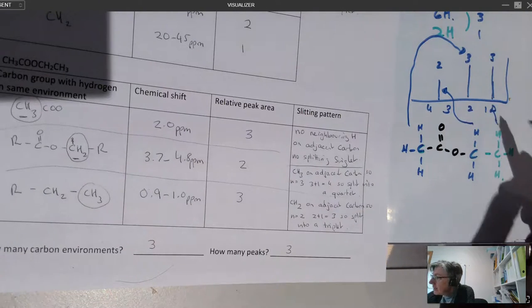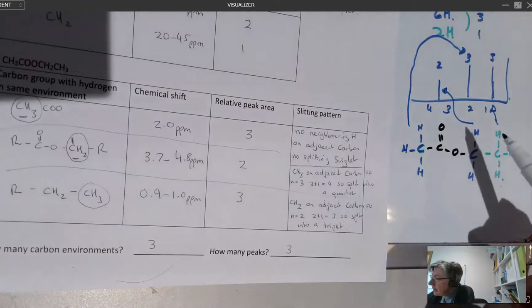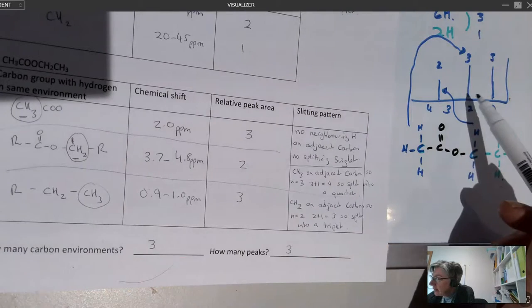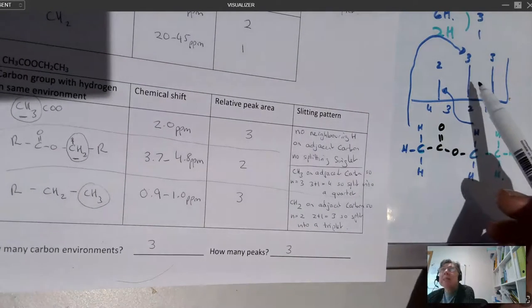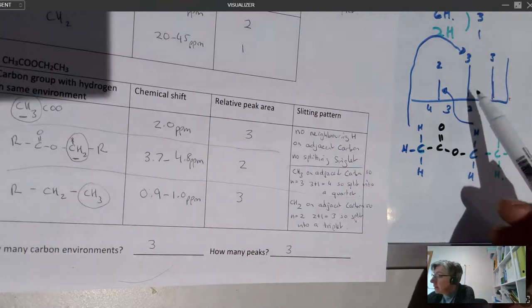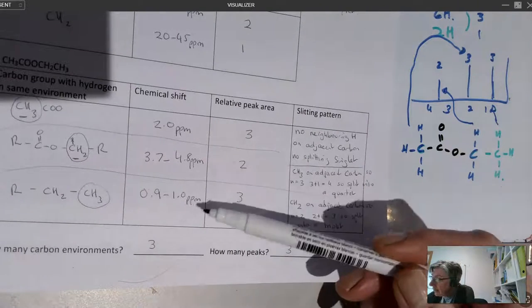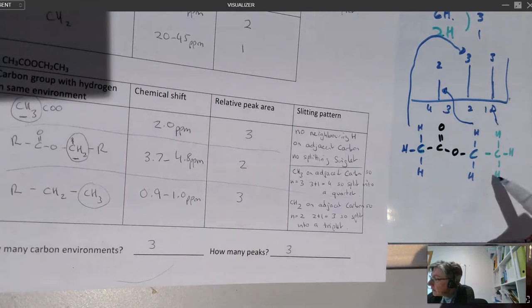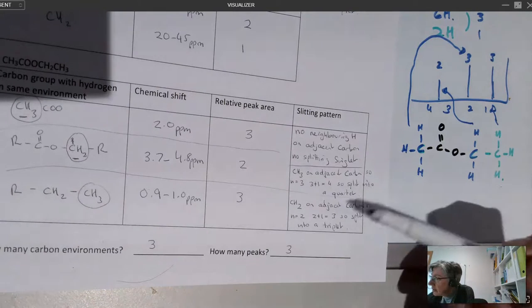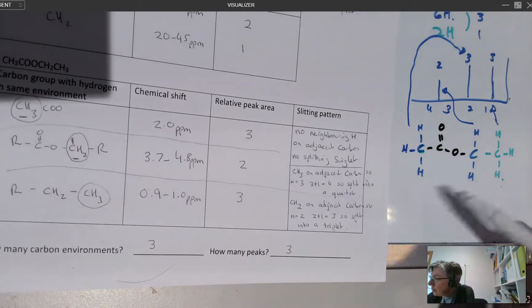When we look at the splitting, for this one here, it's got no neighbours, so it won't be split. That'll be our singlet. And then the first one, for this one, it's got 2 hydrogen neighbours. So it's got the CH2 on it.